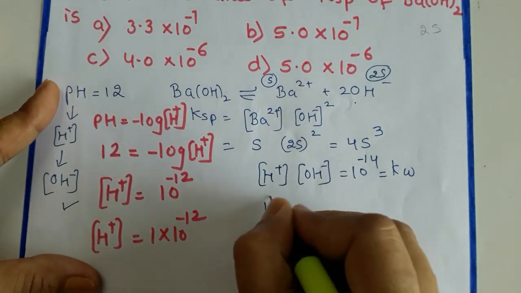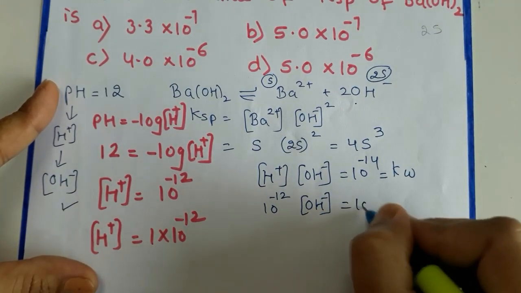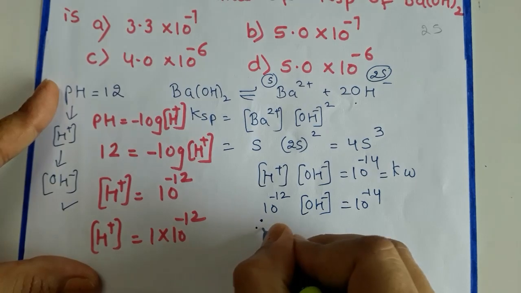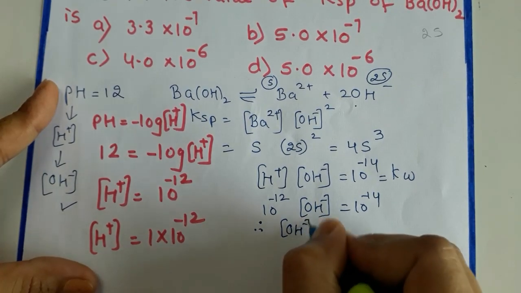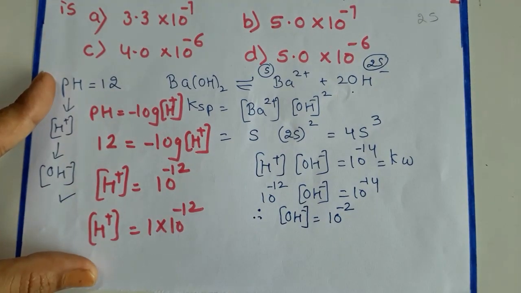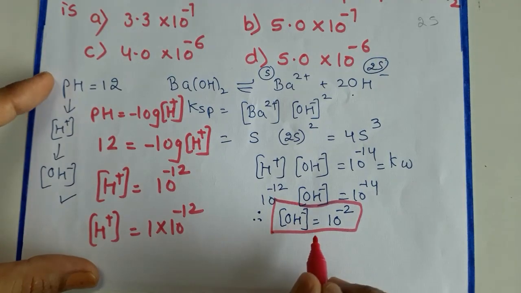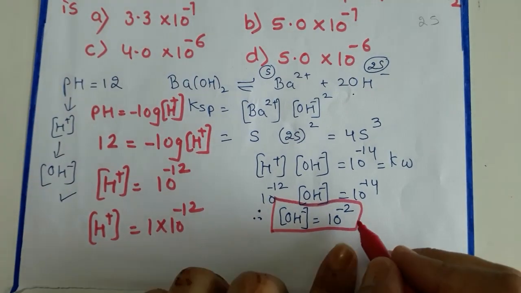Okay, so this is 10 raised to minus 12, this is OH minus, equal to 10 raised to minus 14. Therefore, OH minus concentration we get 10 raised to minus 2. This is very important to remember that you have got concentration of OH minus as 10 raised to minus 2.